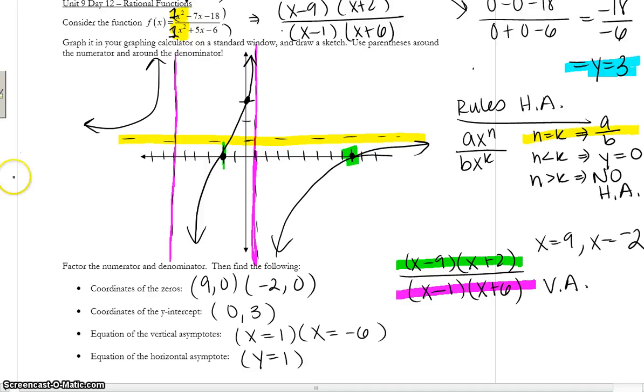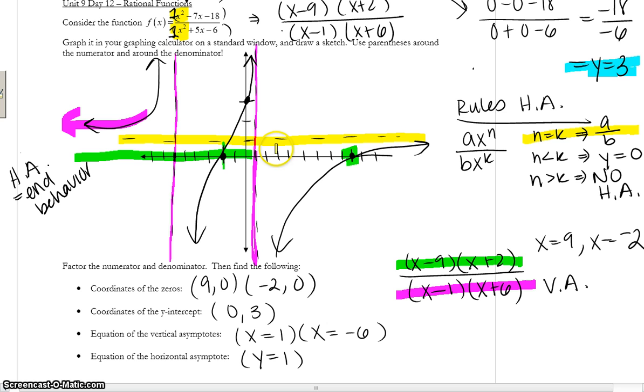It's because our horizontal asymptote describes end behavior. We want to say as x is approaching negative infinity, f of x is approaching 1, and as x is approaching positive infinity, f of x is again approaching 1. So we never wanted to cross that horizontal asymptote, otherwise our f of x would not be approaching 1.